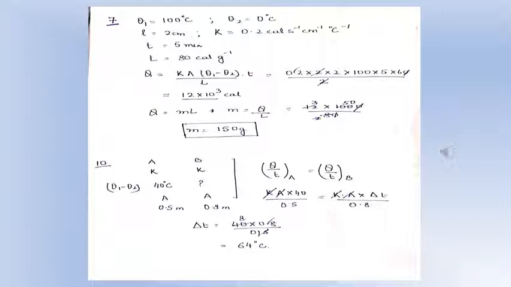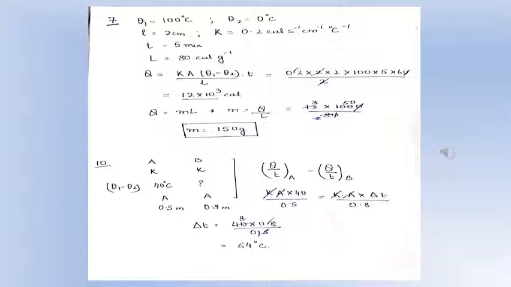So the amount of heat conducted or transmitted is 12 into 10 to the power 3. So Q is equal to mL, and therefore the amount of ice that melts is Q upon L. That comes out as 150 grams. Question number 10.